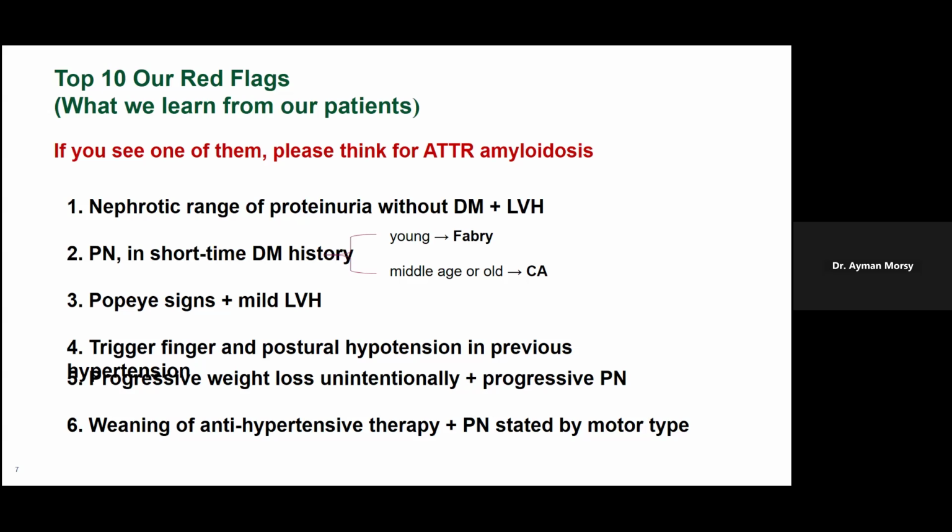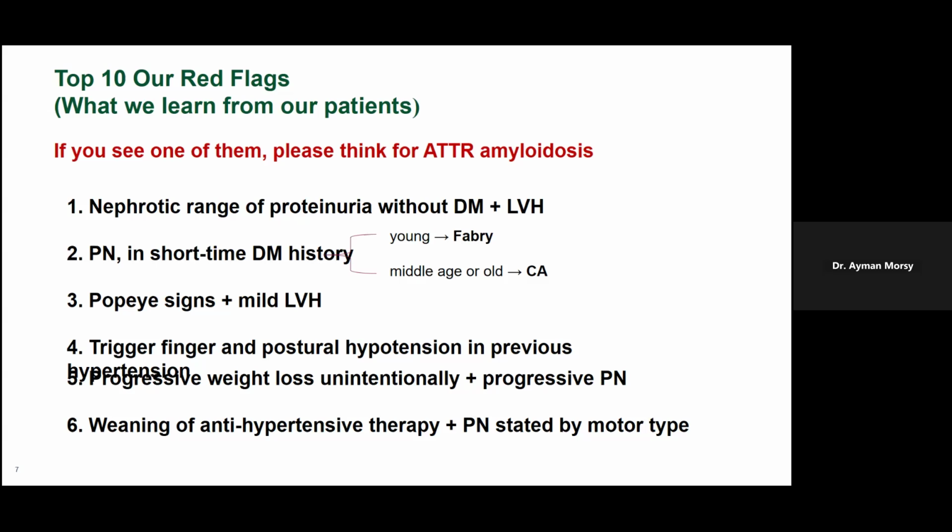Babai sign, which is a very important sign, is rupture of the biceps tendon plus mild LVH; think of cardiac amyloid. Trigger finger is an important orthopedic peripheral sign, and postural hypotension in a patient previously hypertensive should make you consider cardiac amyloid.